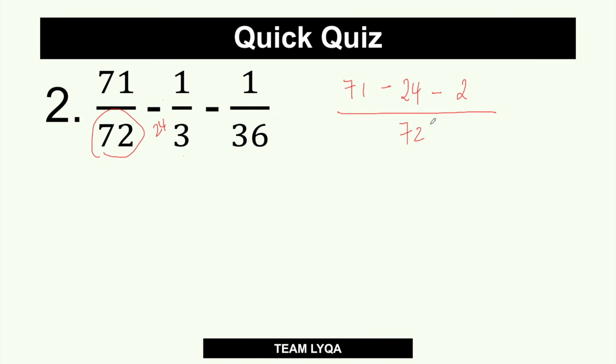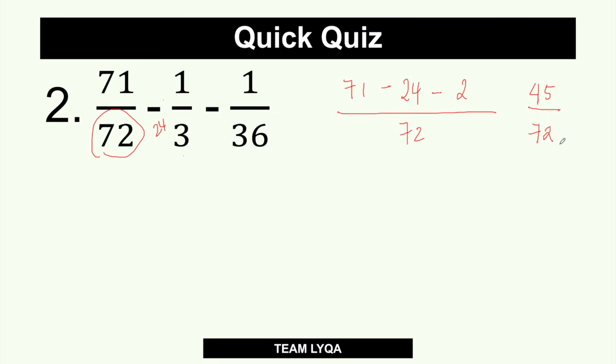Okay? So, may option ka dito, pwede nyong pagsamahin na lang yung 24 tsaka negative 2, so minus 26 na lang, or kahit isa-isa nyo, pwede rin naman. So, 71 minus 24, that is 47, minus 2, 45. Okay, so the answer would be 45 over 72.